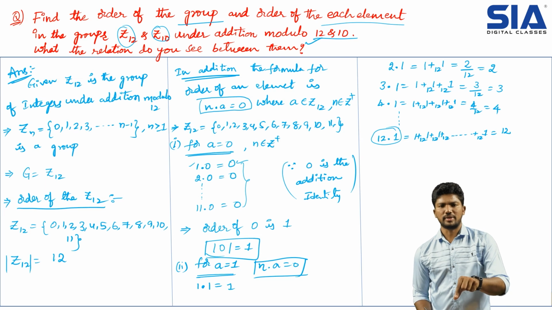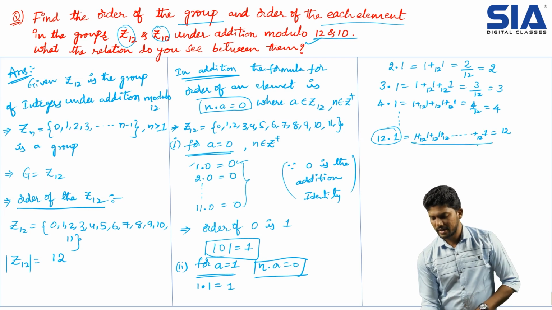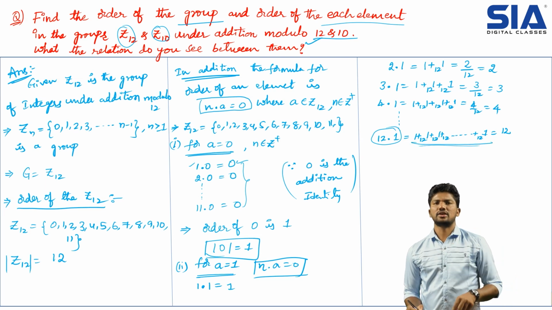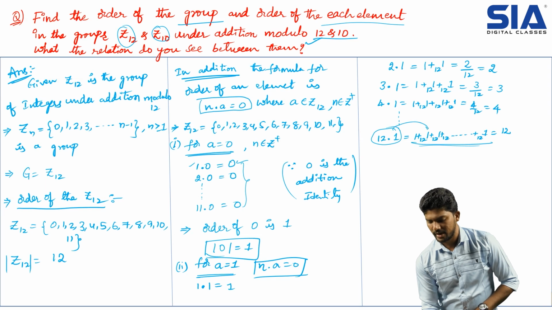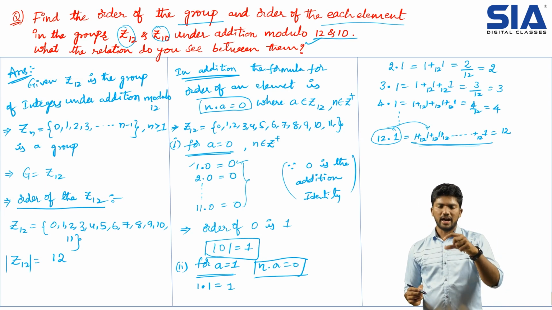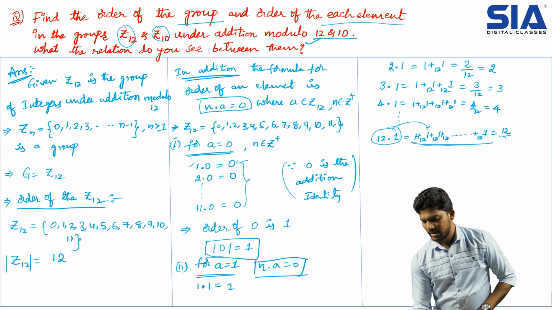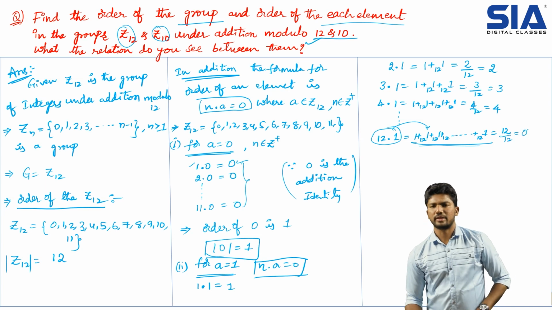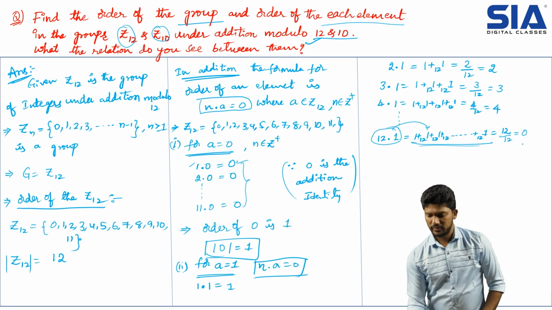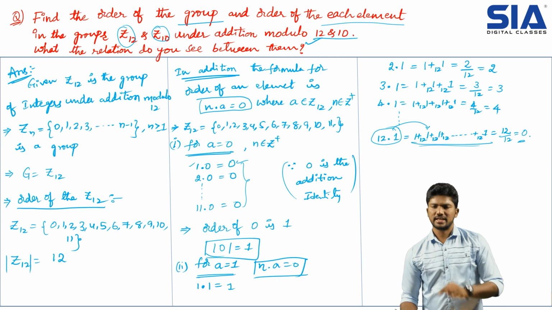That formula we are representing in the addition modulo format. 12 into 1 is nothing but adding 1 twelve times, so 12 into 1 is equal to 12. 12 by 12, the remainder is 0. So you have to stop the process here only.